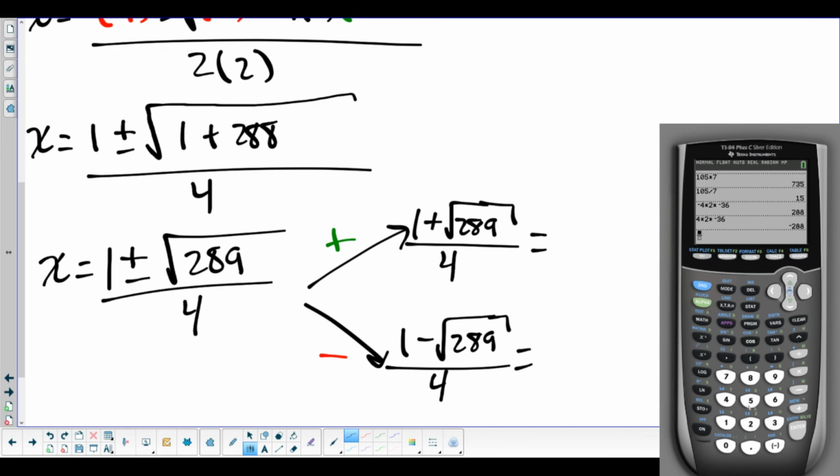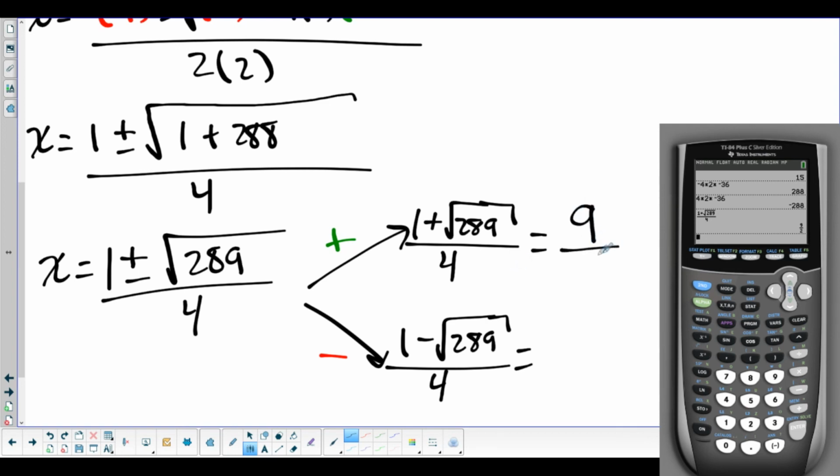It's kind of tiny. But basically, I can now just type in 1 plus the square root of 289 over 4 and hit enter. And that way I don't have to worry about accidentally dividing the wrong thing, or accidentally not putting the parentheses in the right place.